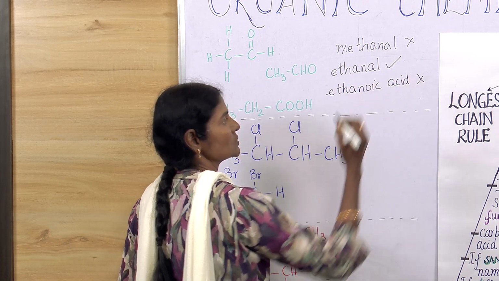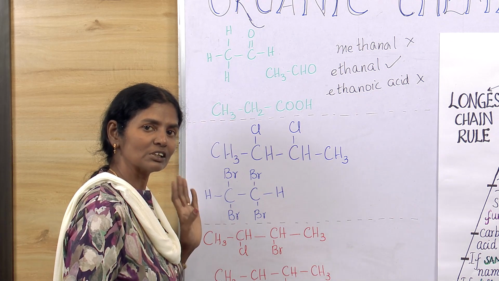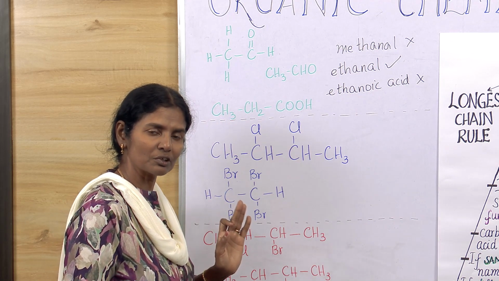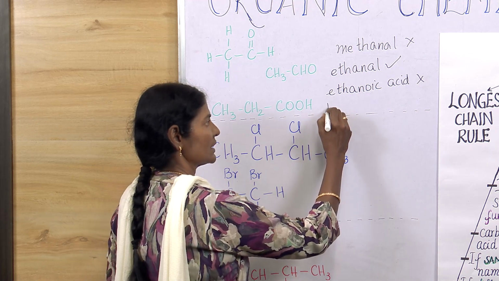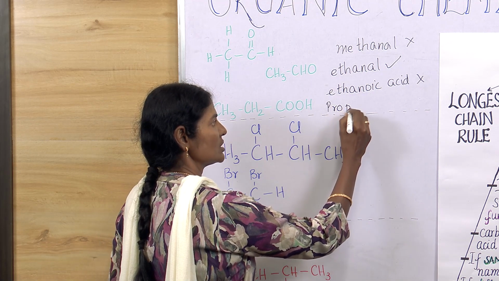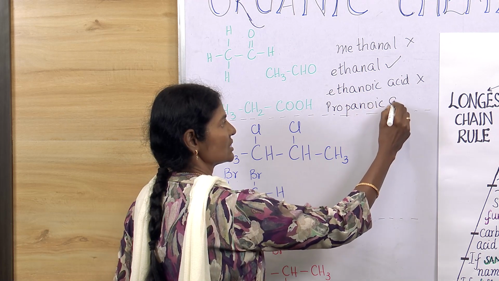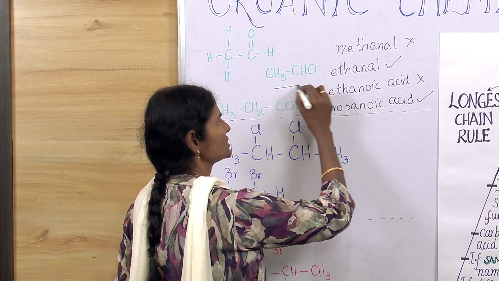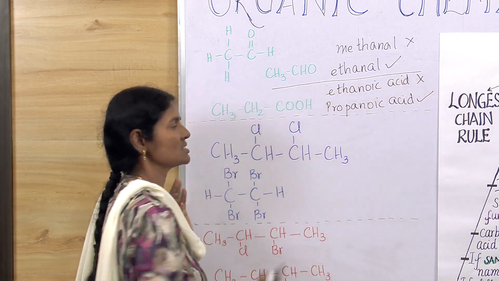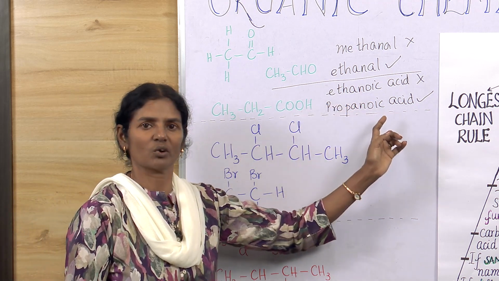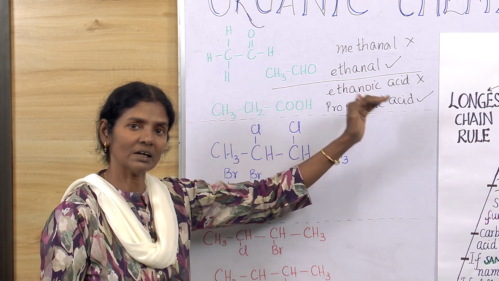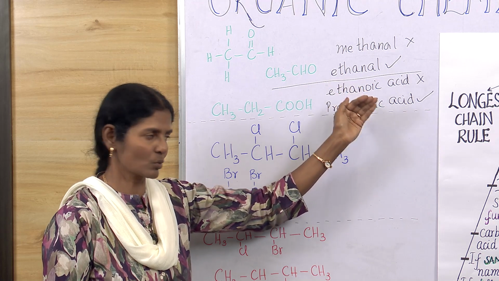This is wrong. How many carbon atoms are there? 3. What is the root word for that? Prop. Therefore, the correct name is propanoic acid. This is the correct one. So these are some of the mistakes that children make, which we should avoid. Okay. So add that carbon also into your root word.